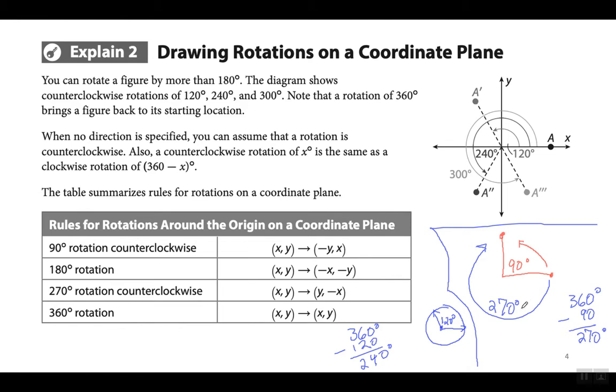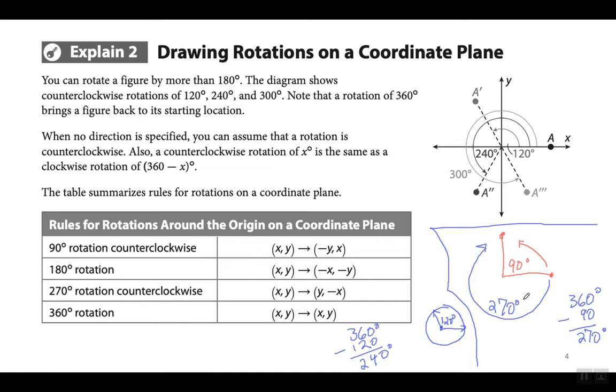However, 270 degrees clockwise is one of the answer choices. You have to realize that that means the same thing, that it's going to get you to the same spot. So in a situation like that, that would be the answer, 270 degrees clockwise. We'll look at some questions like that in a moment.